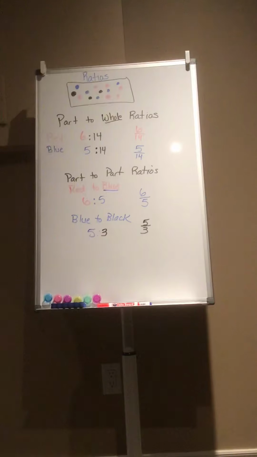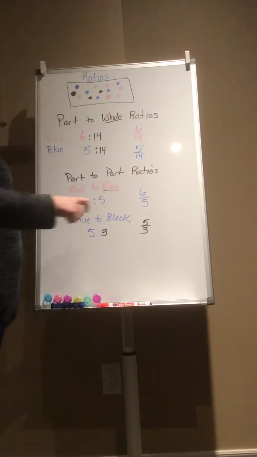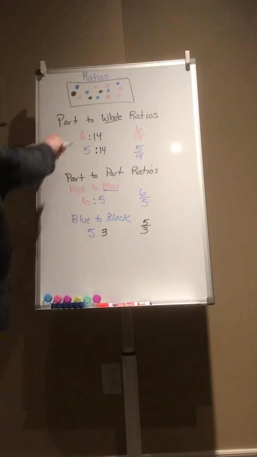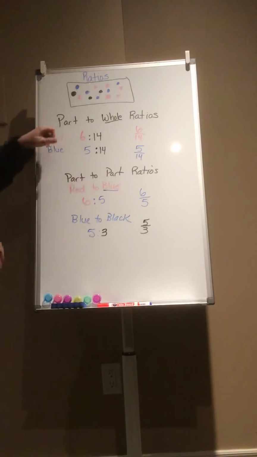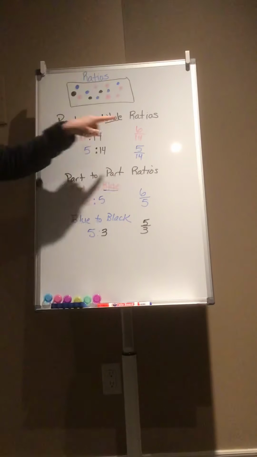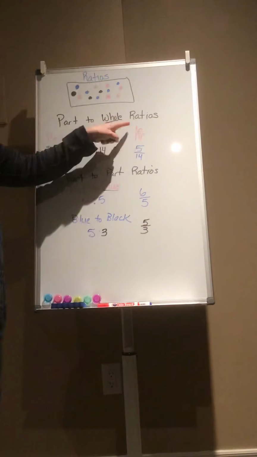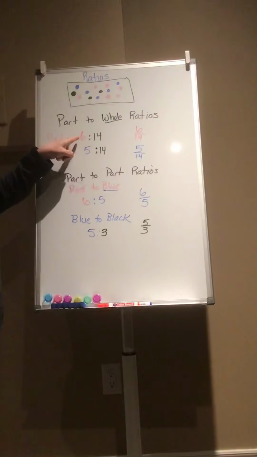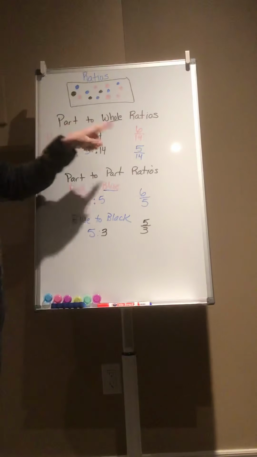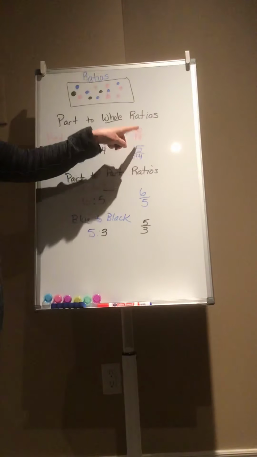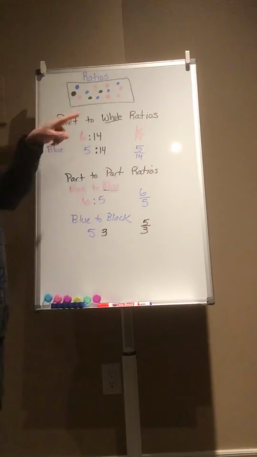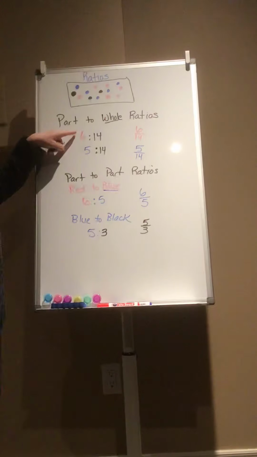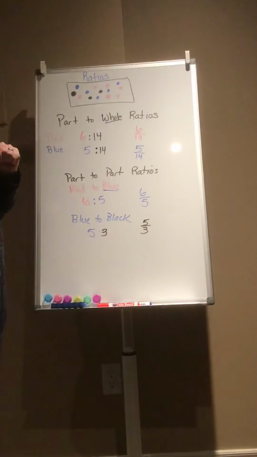Now the important part about knowing that a ratio can be written as a fraction is that for the ratios we can find the decimal by dividing top by bottom, or part to whole. We can find percent by dividing top by bottom times 100, dividing part to whole times 100.